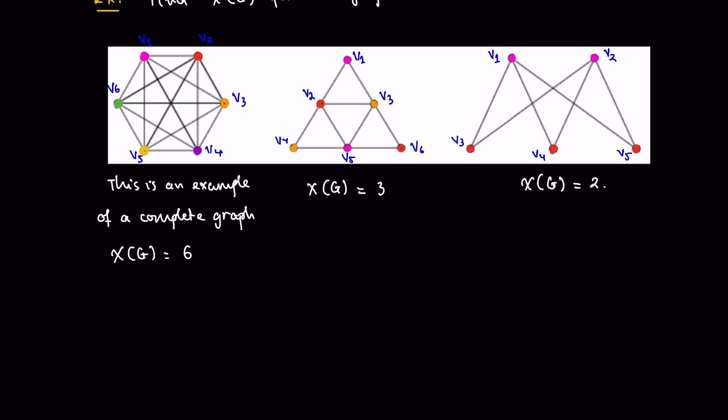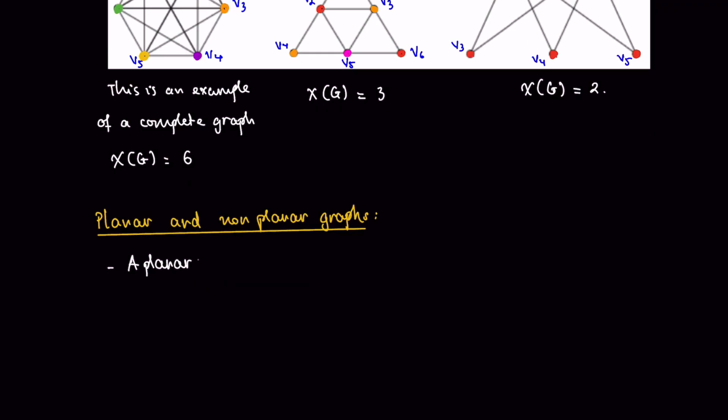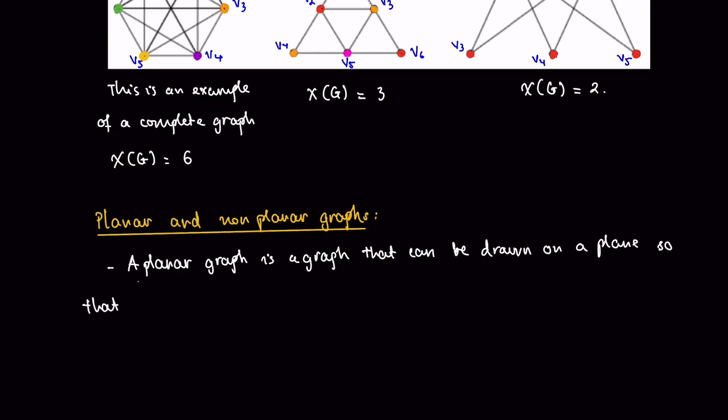Okay, so the definitions of planar and non-planar graph. A planar graph is a graph that can be drawn on a plane so that none of the edges cross each other.